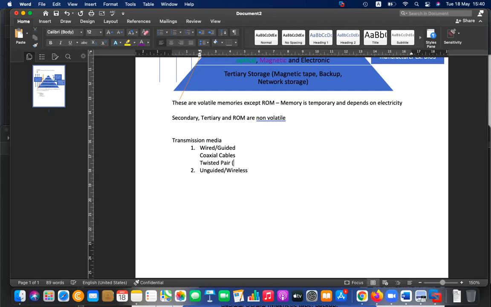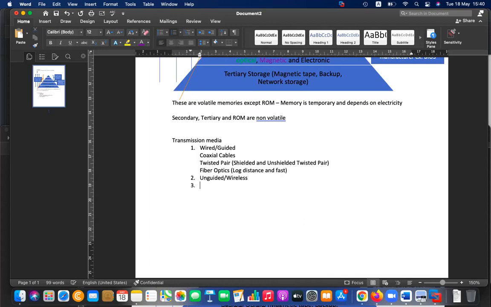There are 2 kind of twisted pair, shielded and unshielded twisted pair. And fiber optics. So this is for long distances and fast, right?